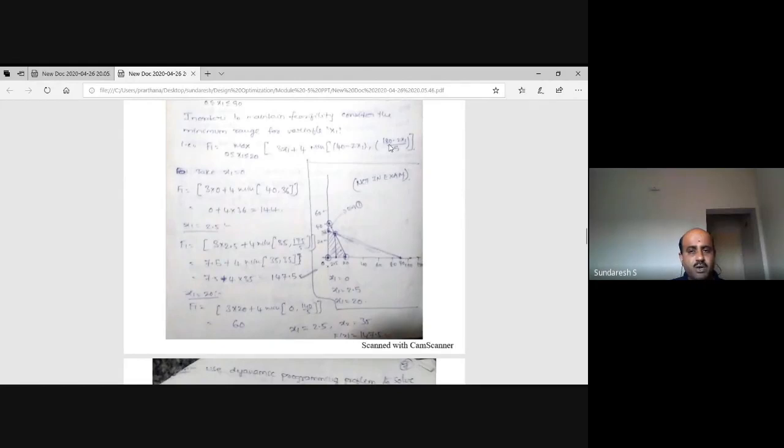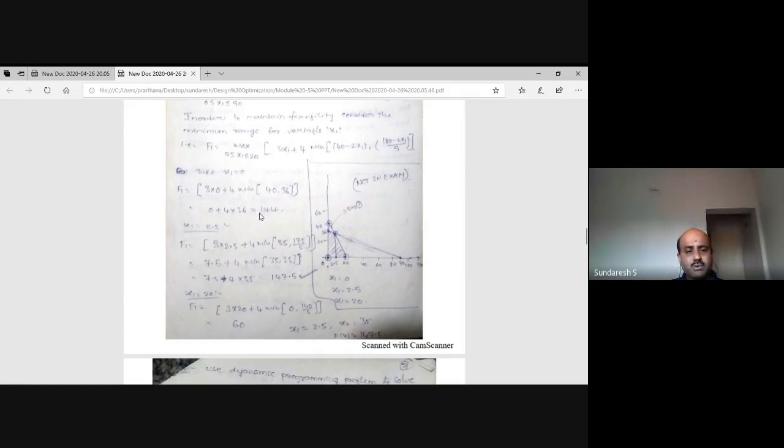Since 2 into 0 means 40, it becomes 36. So 0 plus 4 into 36 is 144. In a similar way, substitute x1 as 1, 2, and so on, and you will get the corresponding values of f1.